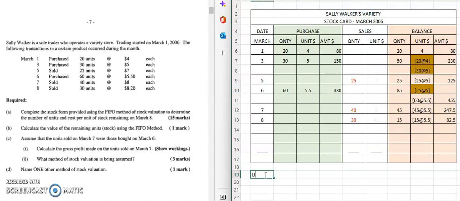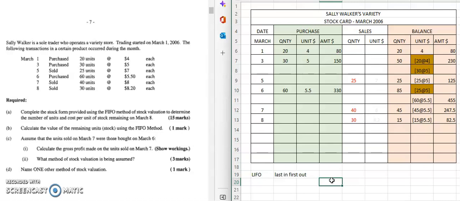Meaning, whatever she bought last, she is going to sell first. And if that is the case, they ask you to calculate the gross profit on that.